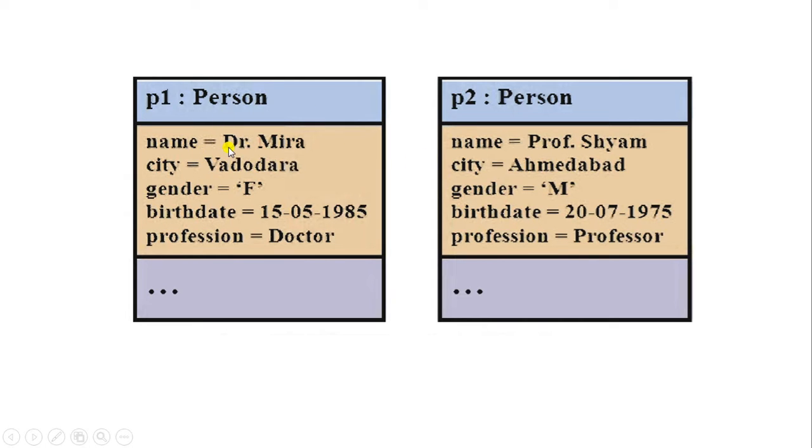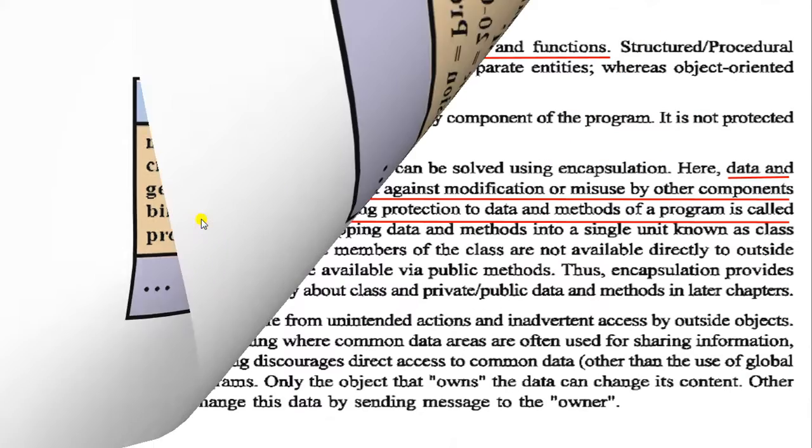The name of the person P1 is different, and the name of the person P2 is different, but the attributes remain the same: name, city, gender, birth date, profession are the same for both classes, but their values are changed. Value means, for example, the name or the city Ahmedabad is changed, but these attributes remain the same.